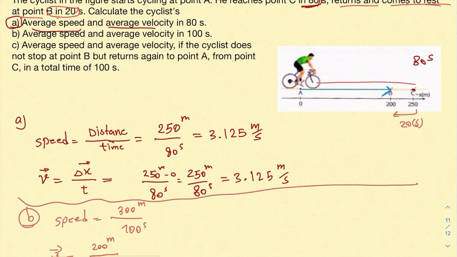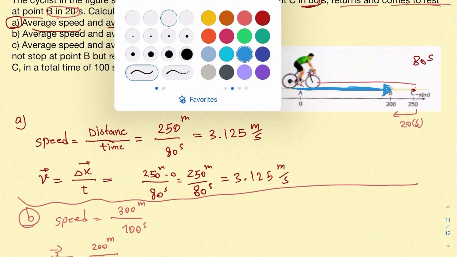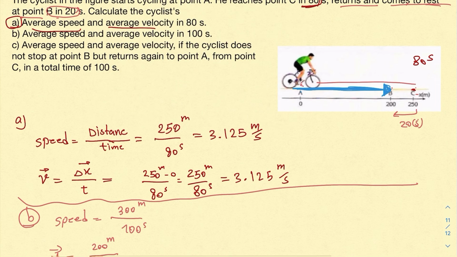This blue arrow represents my displacement here, which is 200 meters. Then speed is 3 meters per second and velocity is 2 meters per second. So this is part B done, and let's move on to part C.